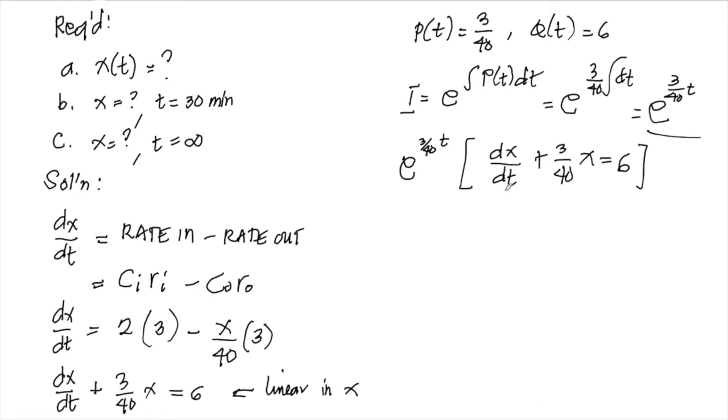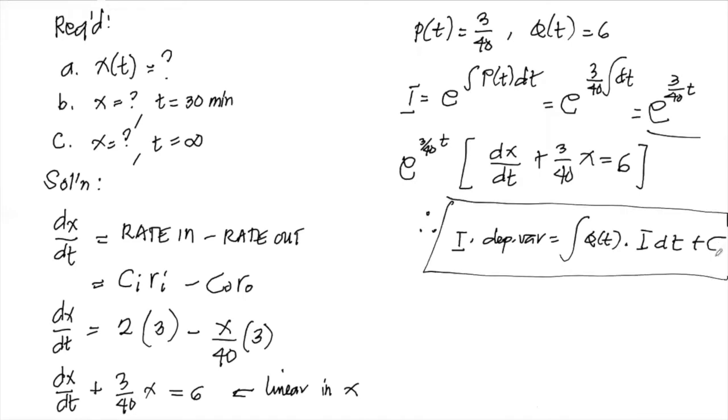And the left member is always the product of the dependent variable and the integrating factor na na-solve natin. So sige, ito na yung pinaka-shortcut. Tuturo ko na lang. So integrating factor times the dependent variable equals the integral of q as a function of t times the integrating factor times dt, plus c ka na dyan. Ito na yung formula.